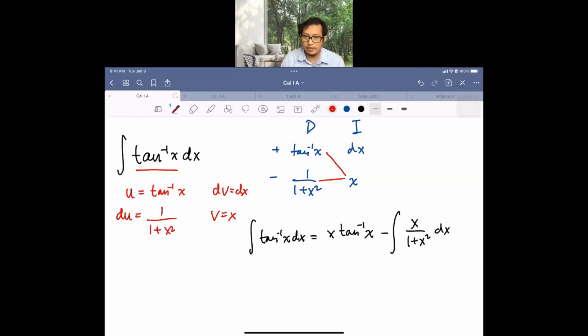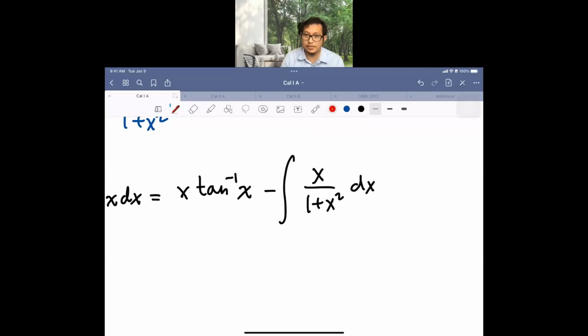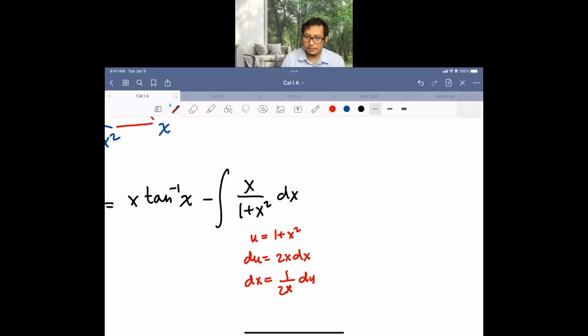And we could solve this with substitution, right? So substitute u as 1 plus x squared, du is 2x dx. So dx is 1 over 2x du. So we will have half, and then we have 1 over u, and then integrate du. This results in half ln of 1 plus x squared, right?